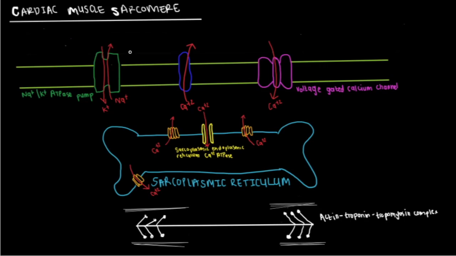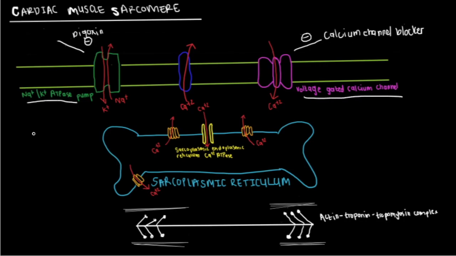Let's move on to the contraction of a cardiac muscle cell due to the movement of ions. There are two different sites on the cell membrane where digoxin and calcium channel blockers bind. Digoxin uses the sodium-potassium ATPase pump, while calcium channel blockers bind to the L-type calcium channel.